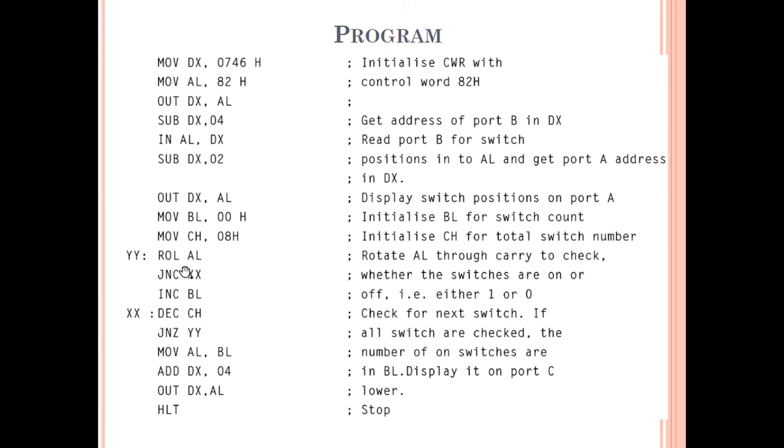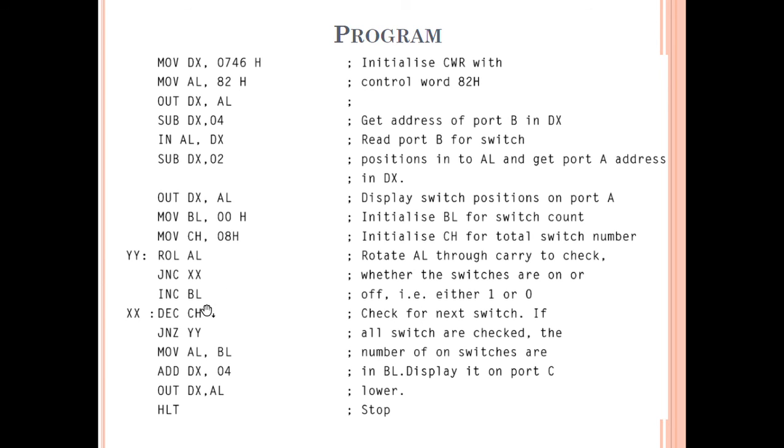If the switch is on, that is stored in AL as 1, and on rotating, it goes to carry. On doing JNC, it will check if the carry bit is 0 or not. If it is 0, JNC, jump if not carry, go to XX. What it does there is decrease CH, just decreasing the counter.